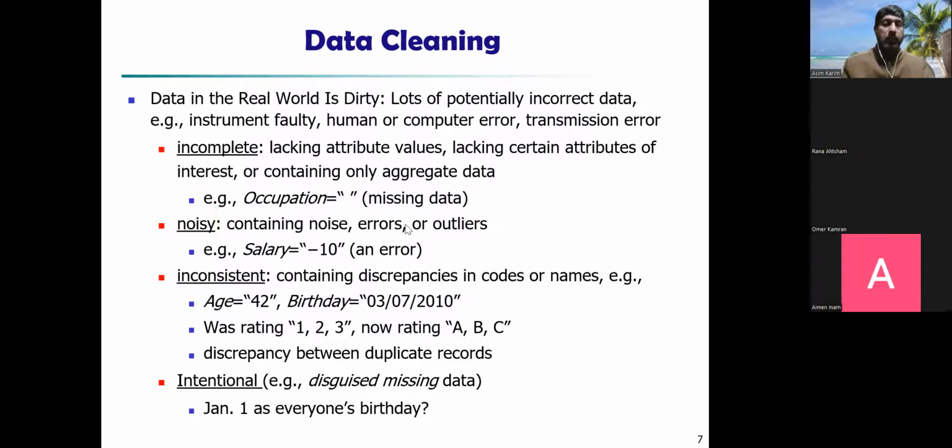And the third is inconsistency. So incomplete, noisy, and inconsistent. These are the three main issues that we typically handle in data cleaning, and there are various steps in each of these. There are some examples given on this slide. Inconsistency, as I gave an example before, is when maybe you have the same entity but with different values.